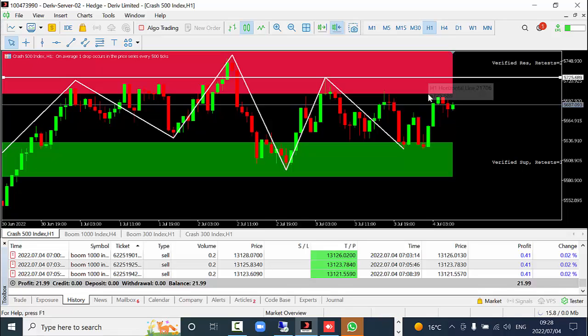But the truth is that I can wait for the market to pull back to reach this support, which we call a demand zone. Then I will enter in anticipation that I will start buying. That's number one. Number two, if you are a big risk taker, what are you going to do?